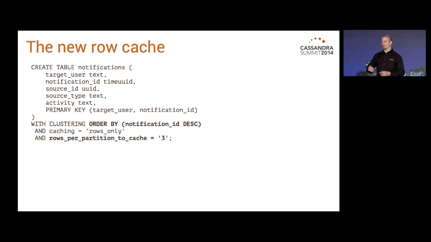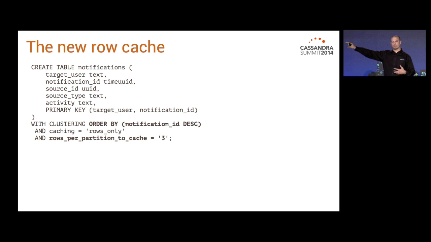So what we've done for 2.1 is actually very simple. We've added this thing at the bottom here, this directive of rows per partition to cache. And so that's going to operate on the head of the partition, or the beginning of the partition. So recall that partitions are ordered by the collation columns. So I've got that in bold here. My primary key is target user, notification ID.